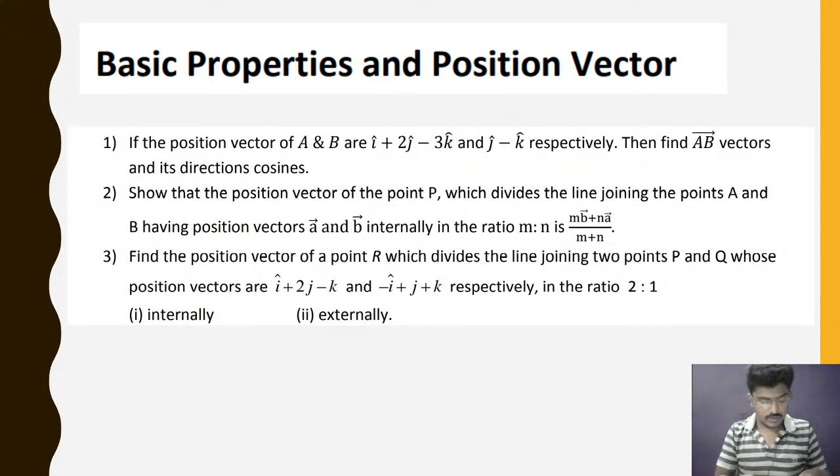Hi students. In today's class, I'm going to cover problems of the vectors chapter which are important for 2 and 3 marks. I think that time will not be sufficient, so tomorrow also I will continue with the same chapter. Unless and until I finish all the problems from one chapter, I will not go to the next chapter.